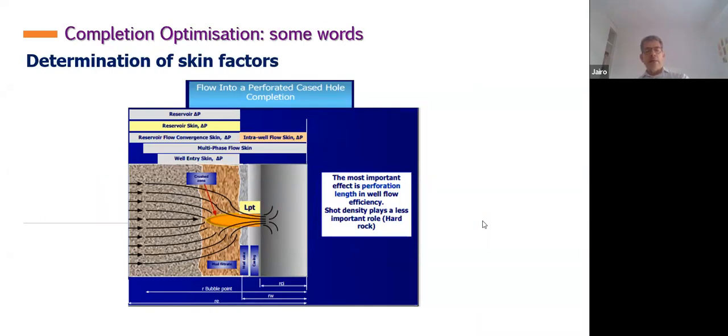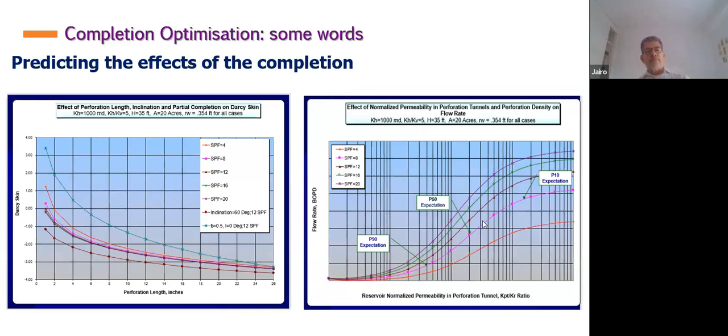By getting a long perforation tunnel of deep penetration, we are overpassing that area, so we are getting the flow from the non-disturbed reservoir.